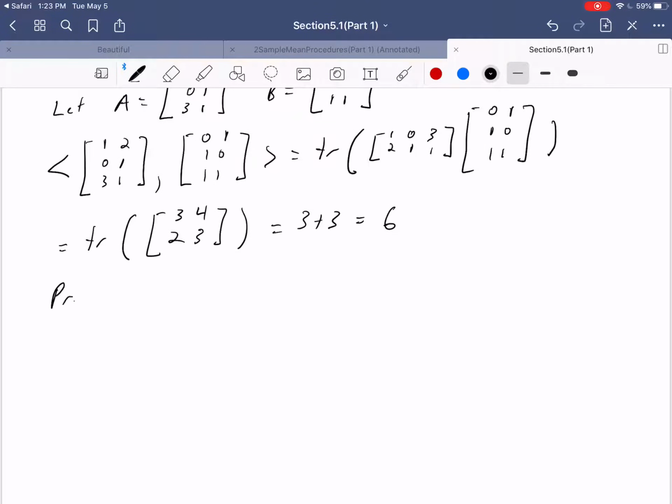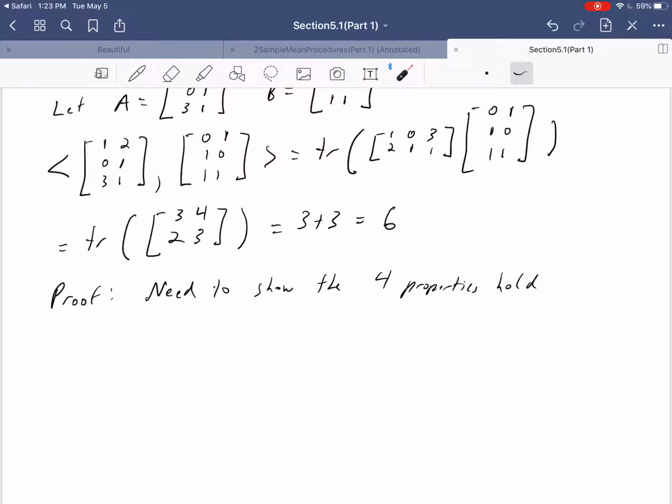So, proof. We need to show the 4 properties hold. In some ways, this is going to feel familiar to when you were first learning about vector spaces and you needed to show those 10 axioms held, or when you first learned about subspaces and you had to show those 2 closure properties held.